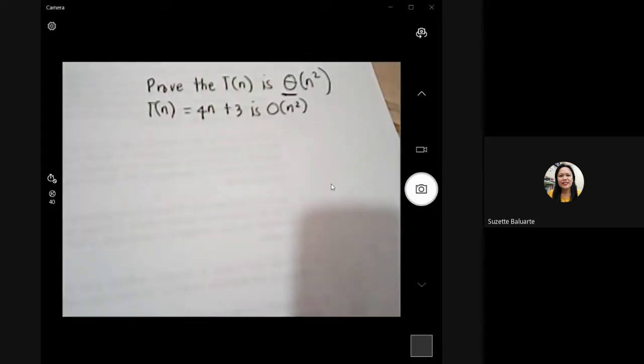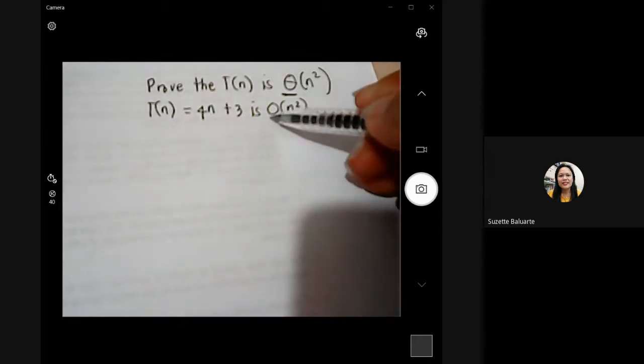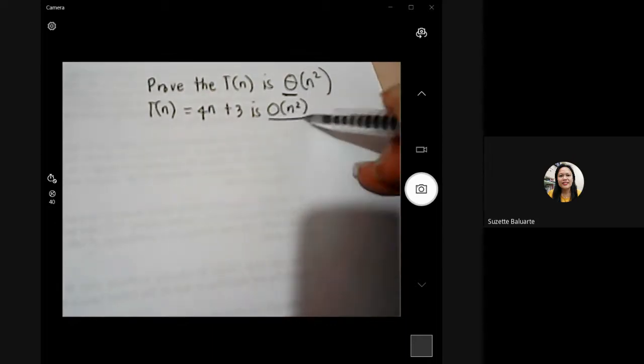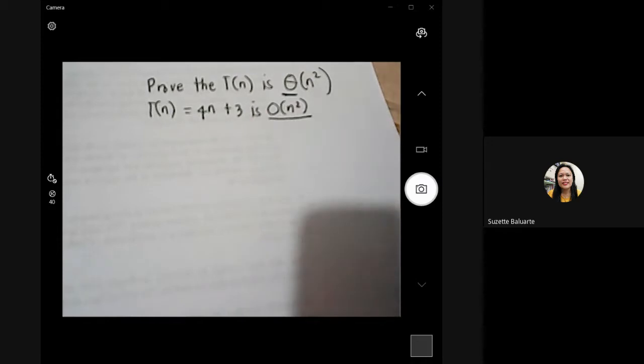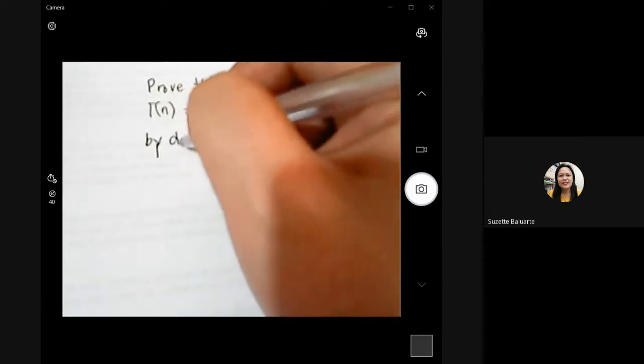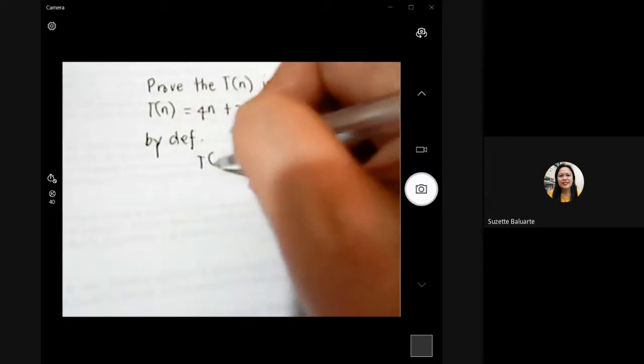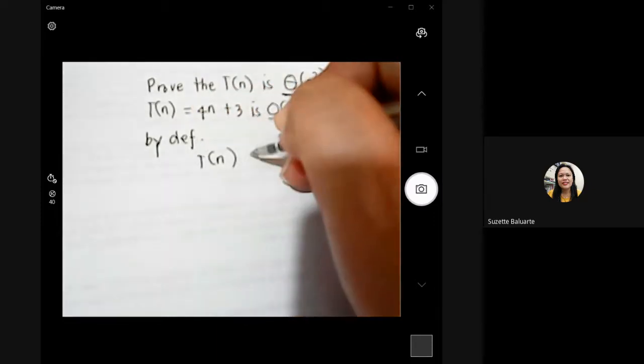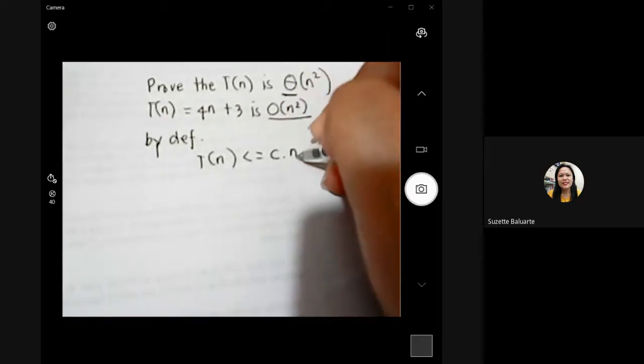So again, we will look at whether it is big O first. So, the same, we will prove it. By definition, our T of n is, for big O, less than or equal to C of n, but this time it would be squared.